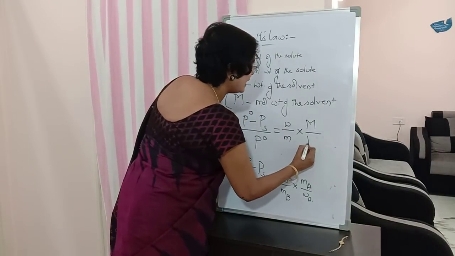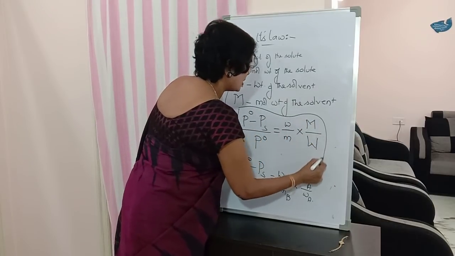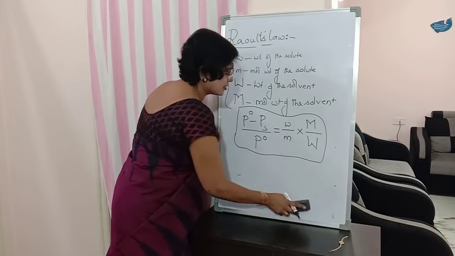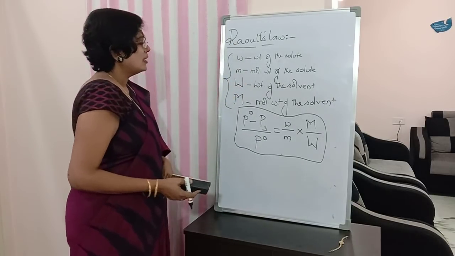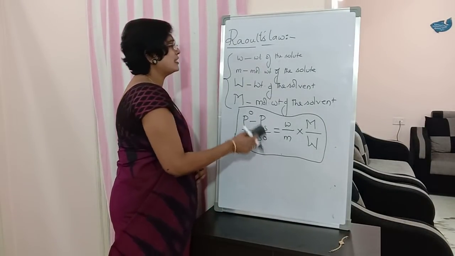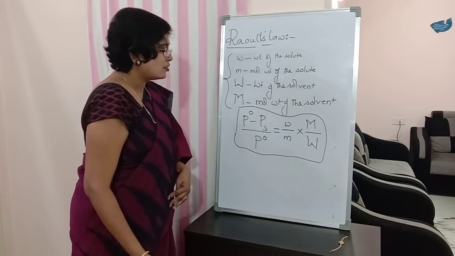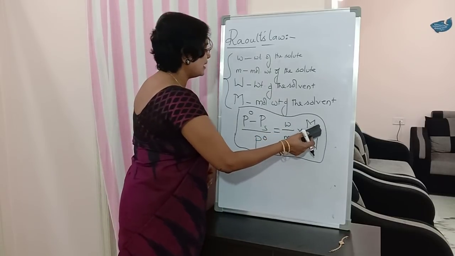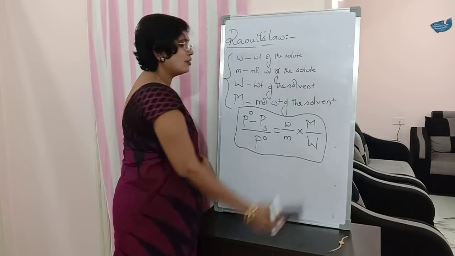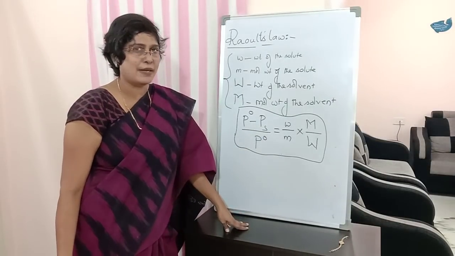So in general we can take capital W. Okay. So this is the final expression of relative lowering of vapor pressure, students. Okay. So P0 minus Ps by P0 is equal to small w, which is weight of the solute, by small m, which is molecular weight of the solute. Next, into capital M, molecular weight of the solvent, by capital W, weight of the solvent. So this is the expression for relative lowering of vapor pressure.